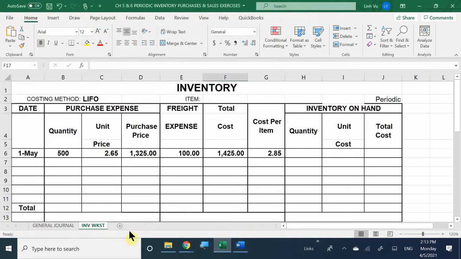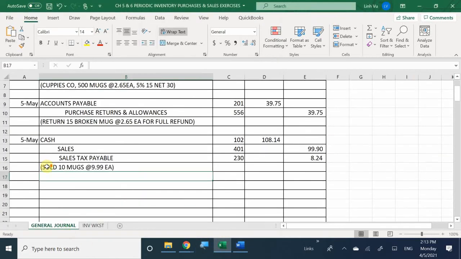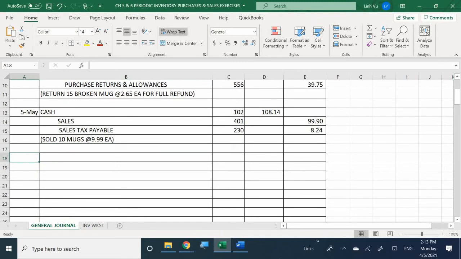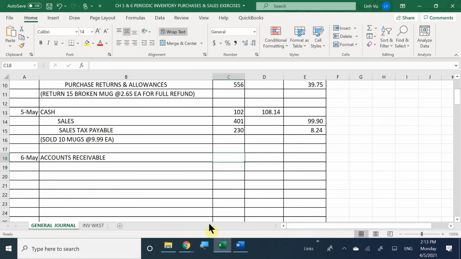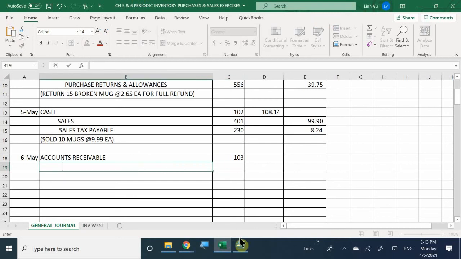So going back to my journal once again, we're going to recognize that it is now May 6th, and that we sold to customer A on an account. So accounts receivable. All right, and what account number is that? 103. Excellent. Other things that we have to include is, we sold something, and yes, taxes, good.